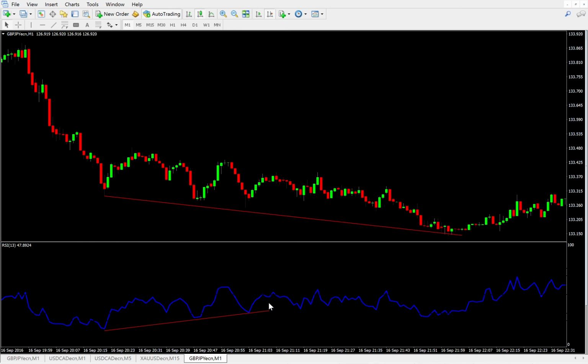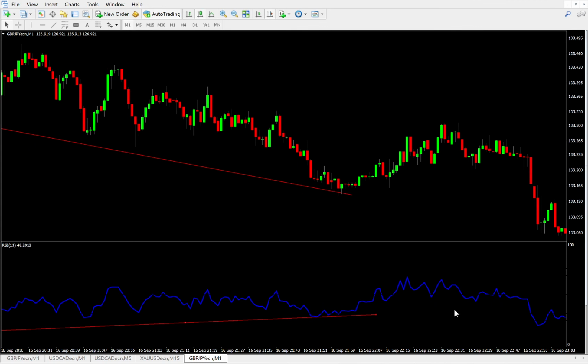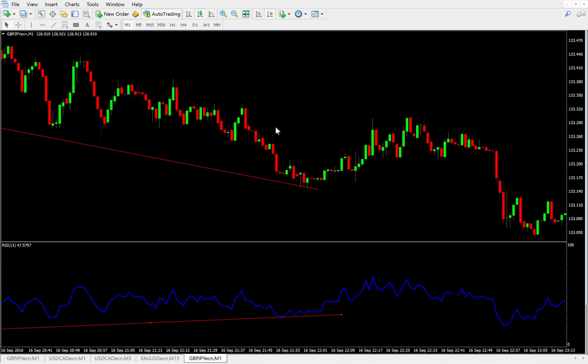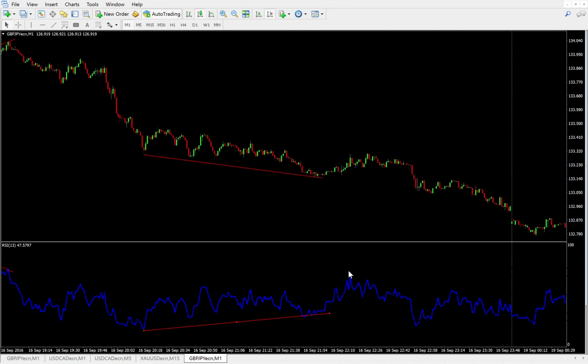But if you look on your TDI and you extend, eventually, in this example, you don't get it quite yet. You don't get it until all the way here. But once the trend line on your TDI is no longer facing the opposite direction of the trend line on price, your divergence is now broken and invalid.